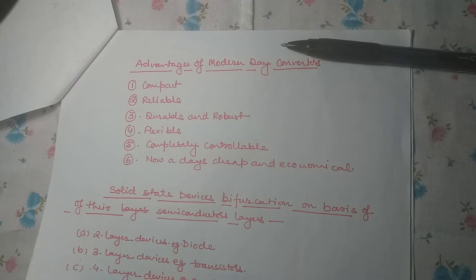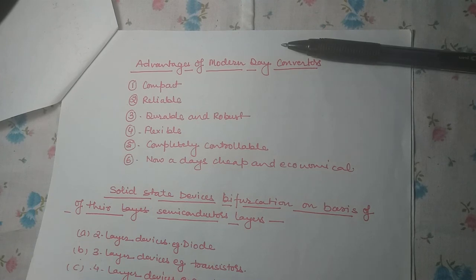And the last advantage is that with the development in technologies, research and mass production, these solid state devices, which were earlier very costly, are nowadays getting cheaper, so it is easier to install them. The above are the advantages of modern day converters over conventional converters which were using conventional methods.